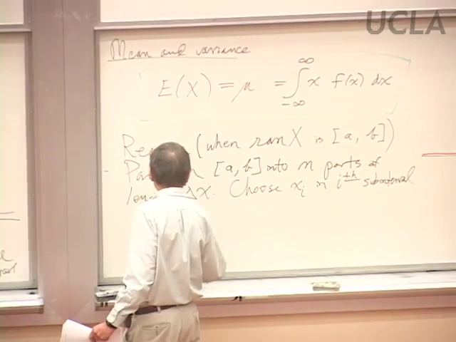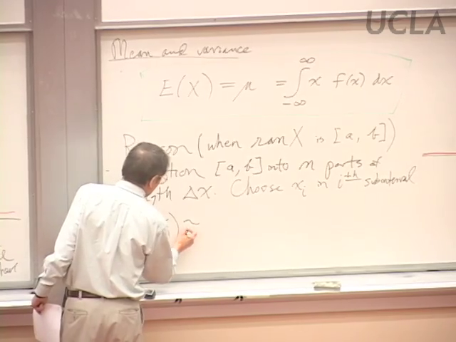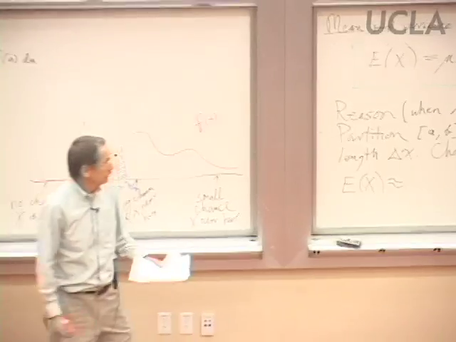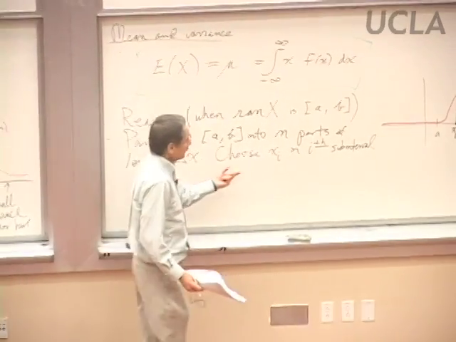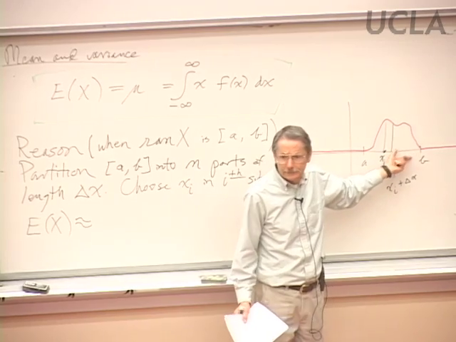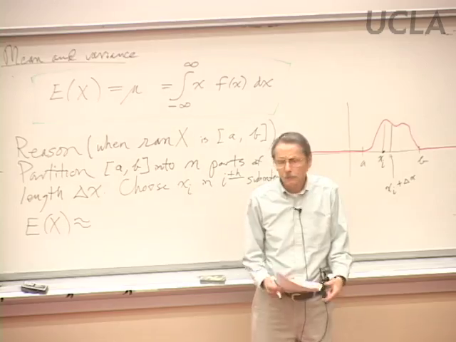Now, what about the expected value? Well, we could get an approximation to it by looking at the values the random variable could take, weighted appropriately, and then we add them up.